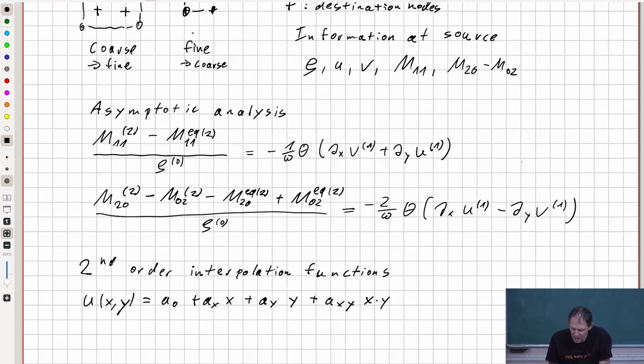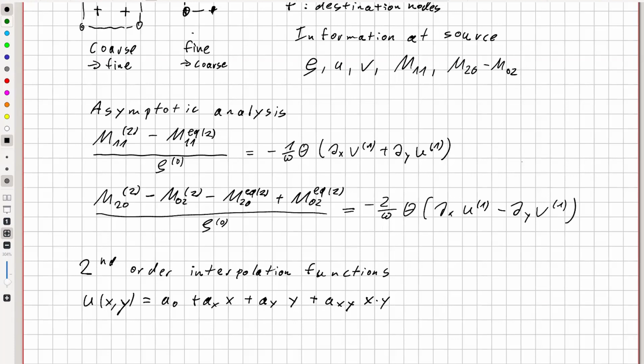And this is not enough because it's not fully second order. So in order to get it fully second order, we have to add a_xx x squared plus a_yy y squared.